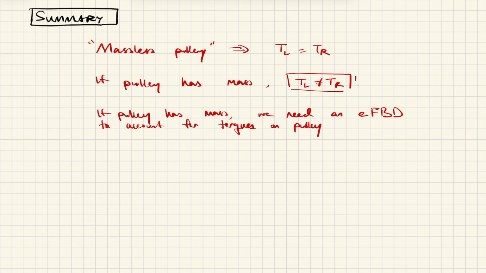And finally, the last thing we saw was that whenever our pulleys gain mass, we need to somehow relate the acceleration of the pulley to the accelerations of the masses so that there's something that ties them together.